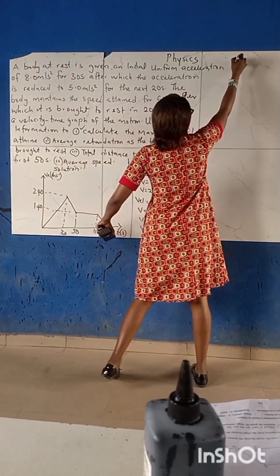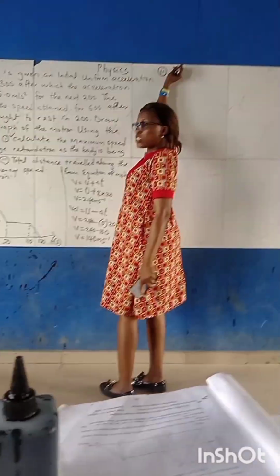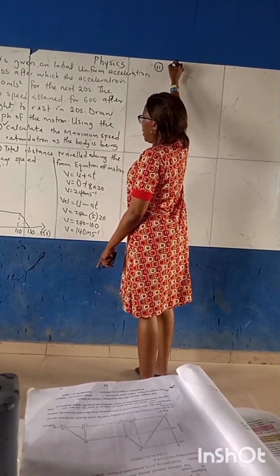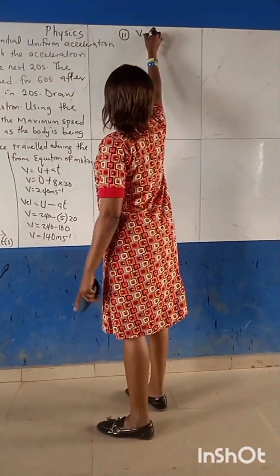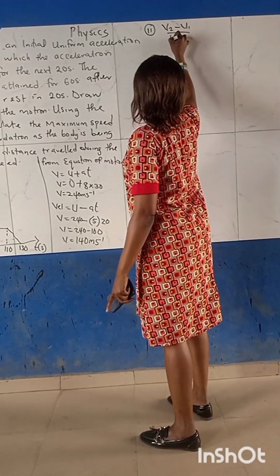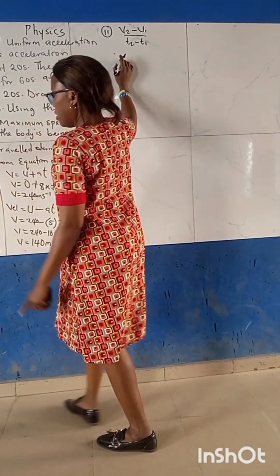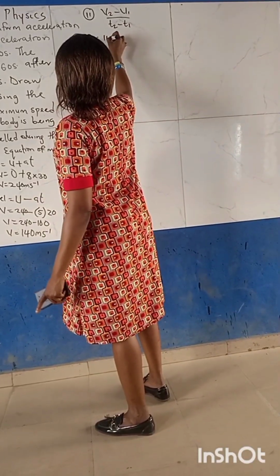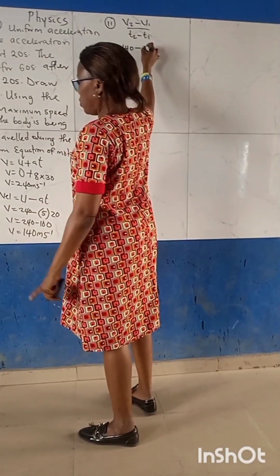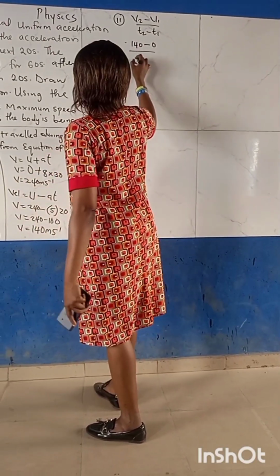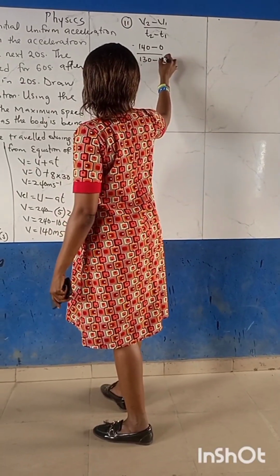So question 2 is my average retardation, that's V2 minus V1 over T2 minus T1. So my V2 is going to be 140 minus 0 over 130 minus 110.